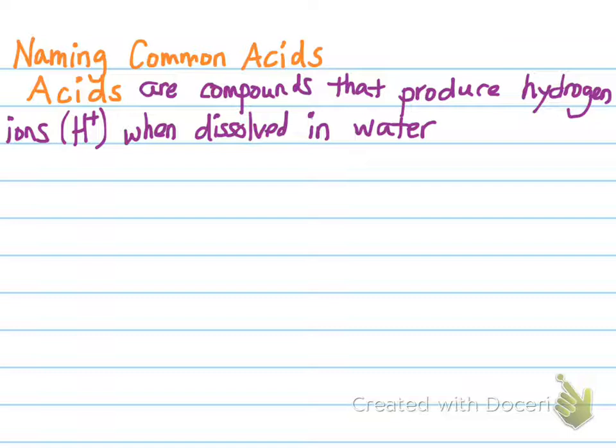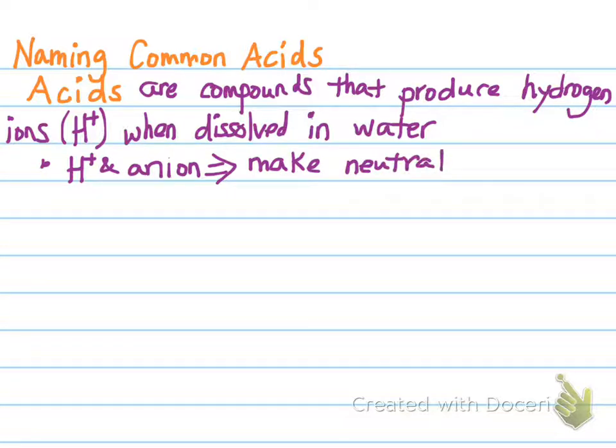So typically, the formula for an acid is going to be a hydrogen ion and an anion, combined in such a way so that they are neutral. So that kind of relates to why I typically don't call them acids for you. I typically am going to call them an ionic compound.